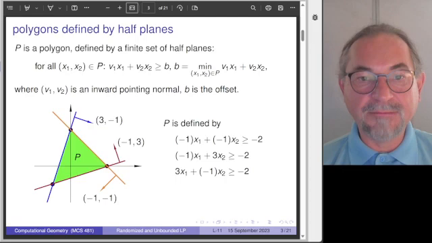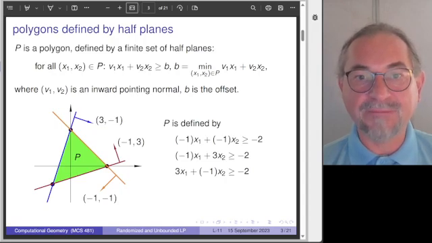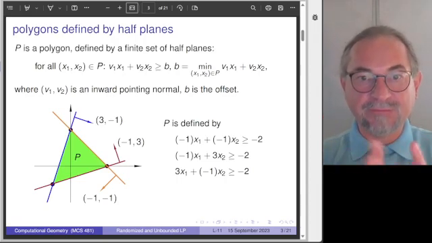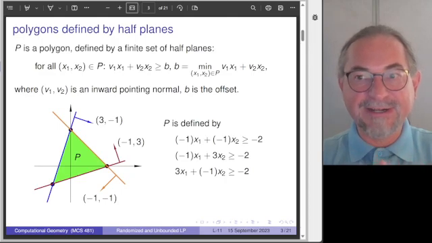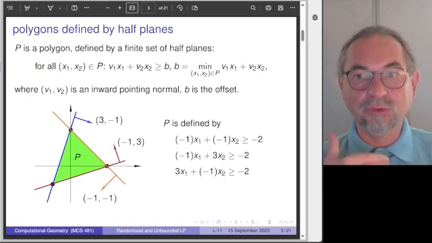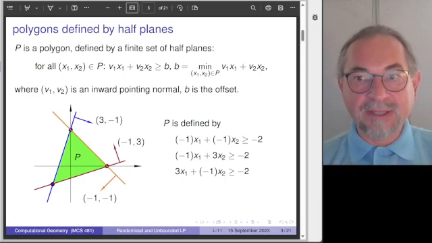So formally we say that all the points inside the polygon satisfy a finite set of half planes. The coefficients of these linear inequalities are the vectors that are perpendicular to the lines. They are oriented inward.